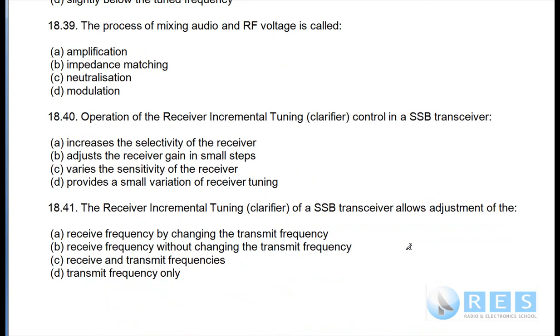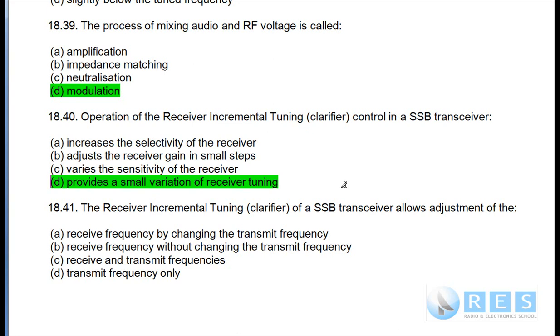Question 1839. The process of mixing audio and RF voltage is called modulation. 1840. The operation of a receiver incremental tuning, clarifier or RIT control in an SSB receiver provides a small variation in receiver tuning without changing your transmitter frequency. 1841.